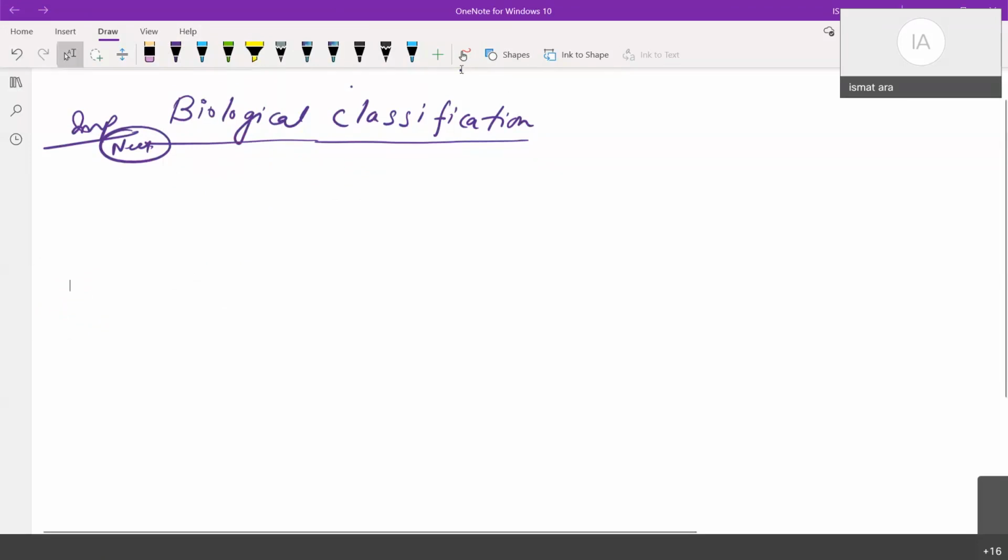Wait a minute, students. Gram-positive bacteria. Okay. First, let me draw the alternative arrangements of glycan sugars.